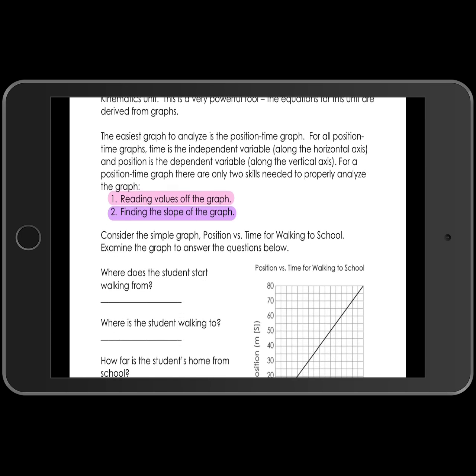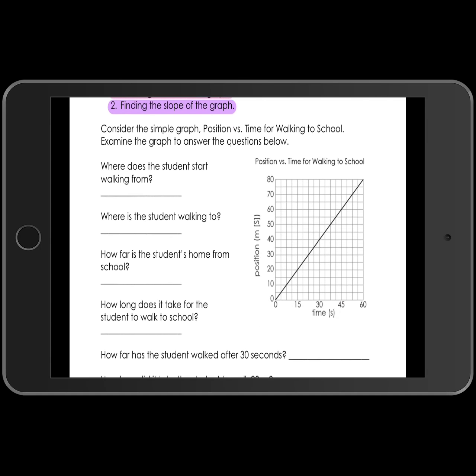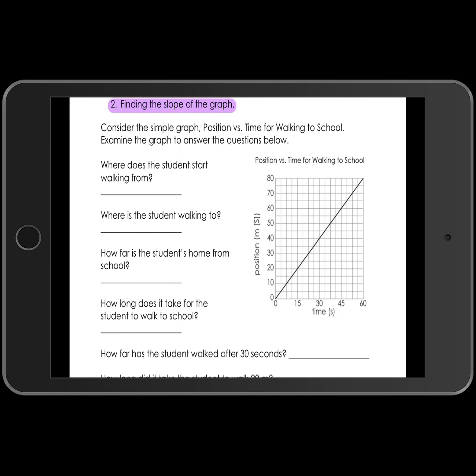This is something that you should have covered in geometry class, so hopefully it is a review for all of you. Considering this graph that we have, this is a position versus time graph for walking to school. Going through each of these questions, where does the student start walking from? The start would be time 0.